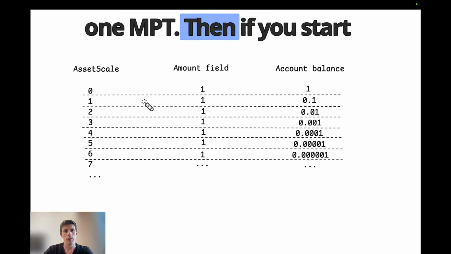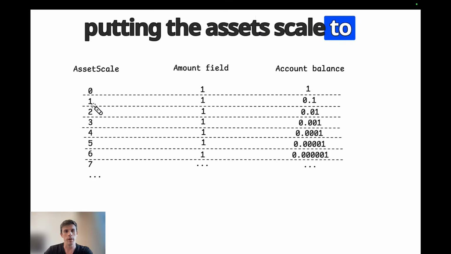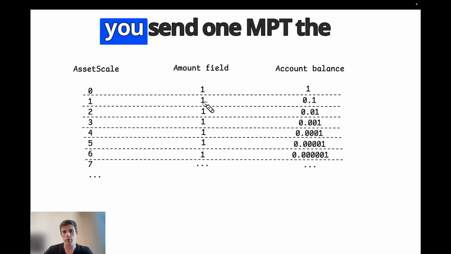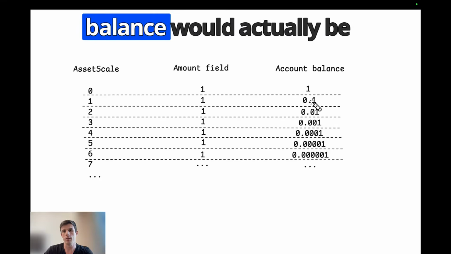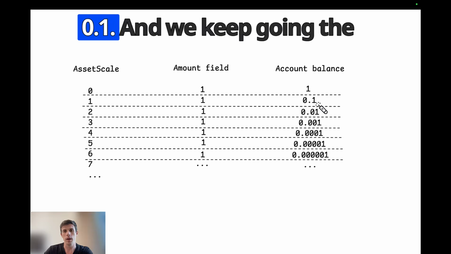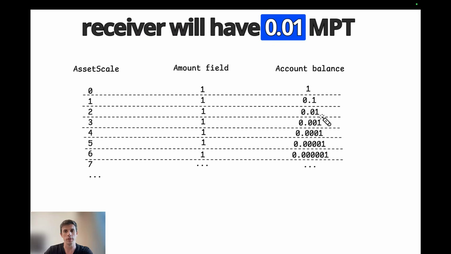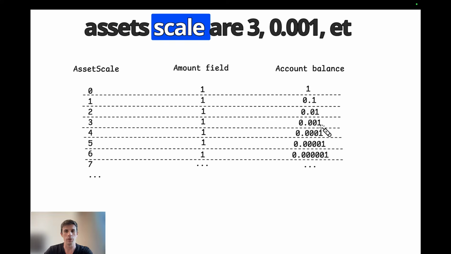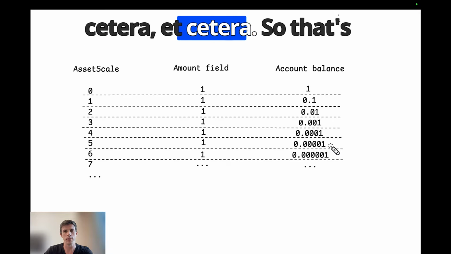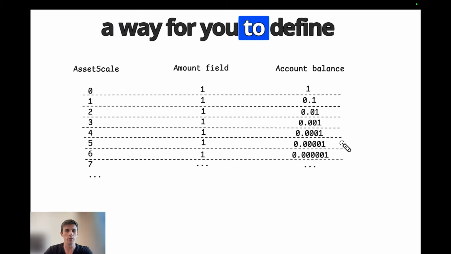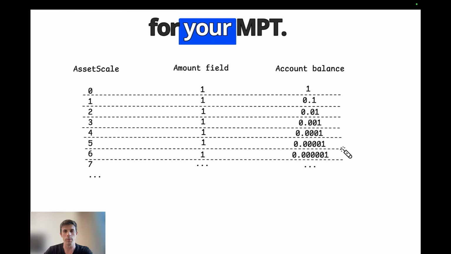Then if you put the asset scale to 1, same thing, if you send one MPT, the balance will actually be 0.1. And we keep going. With the asset scale at 2, the receiver will have 0.01 MPT. Asset scale at 3, 0.001, etc. So that's a way for you to define where the decimal will be for your MPT.